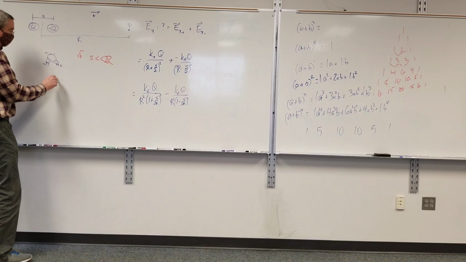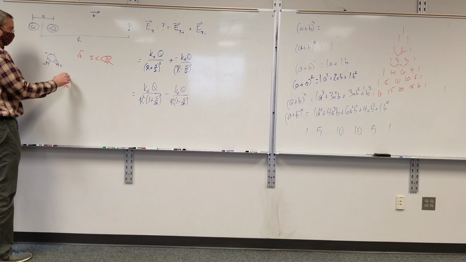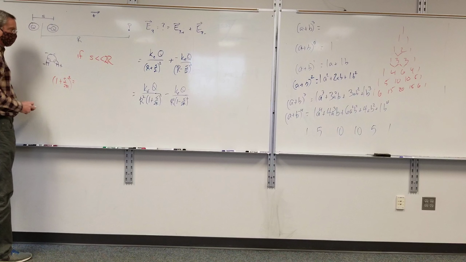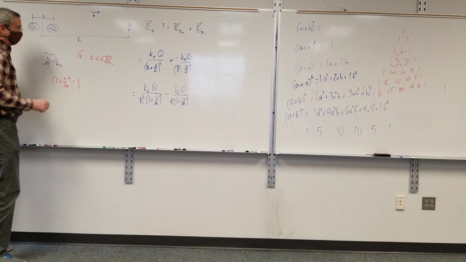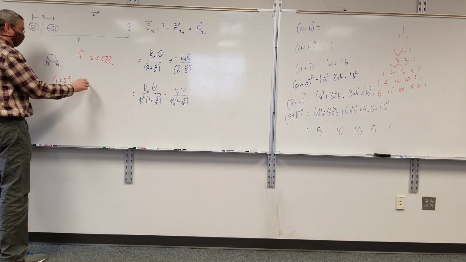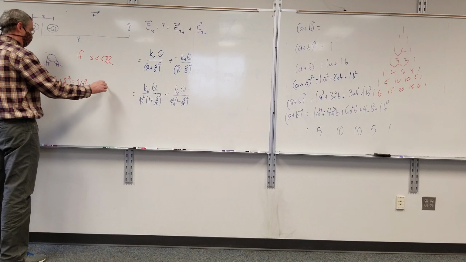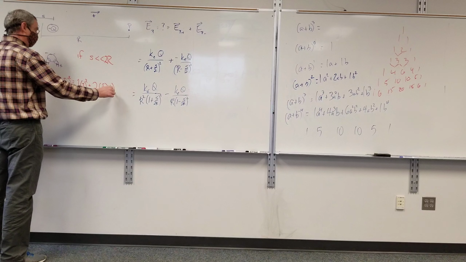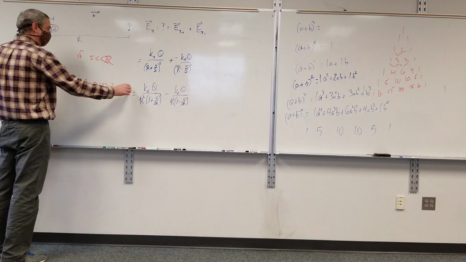Then (1 plus s over 2r) squared is going to be equal to 1, because that's the coefficient, we're doing the squared one, times 1 squared, plus 2 times s over 2r, plus 1 times (s over 2r) squared.